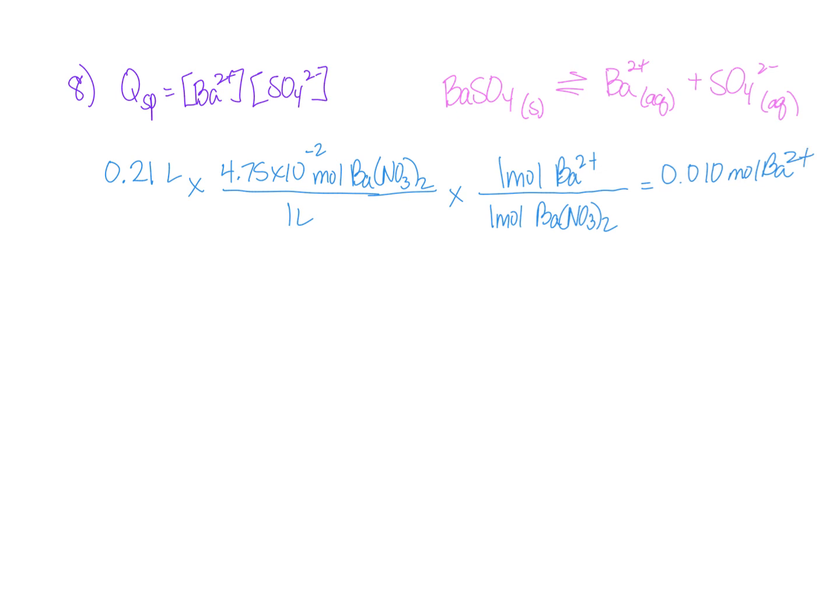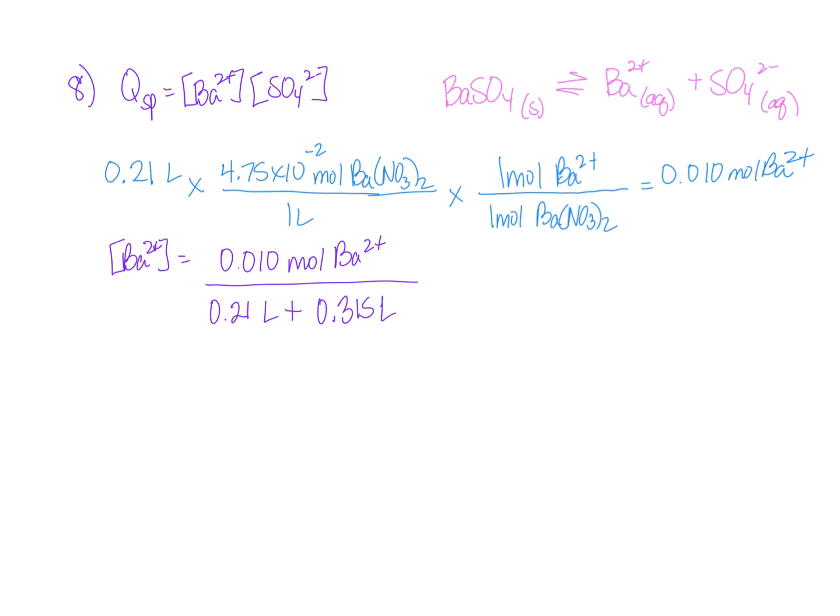So those are the moles that I have. Now to find the concentration of Ba2+, we're going to take those moles and divide by the total volume of my solution now. So I had that 210 milliliters, or 0.21 liters, and I added it to 0.315 liters, or 315 milliliters.